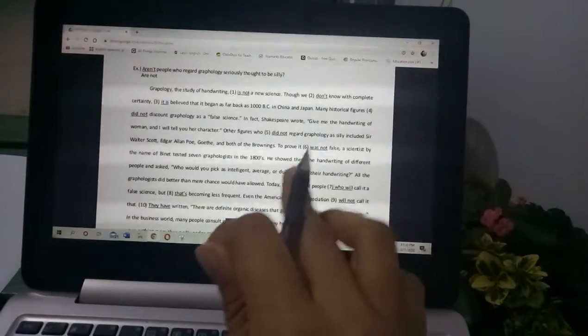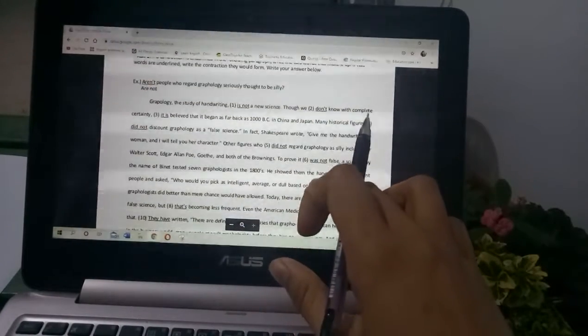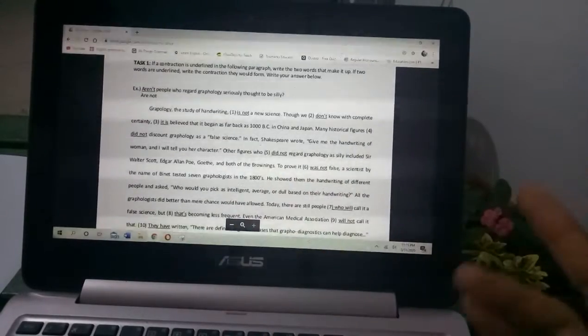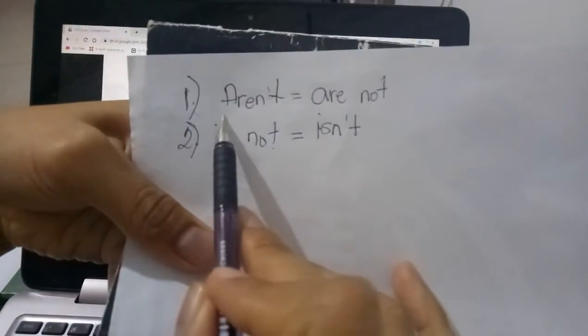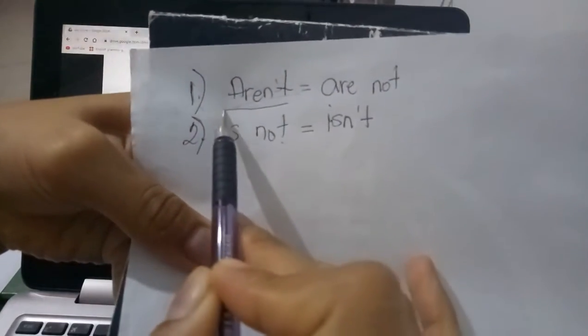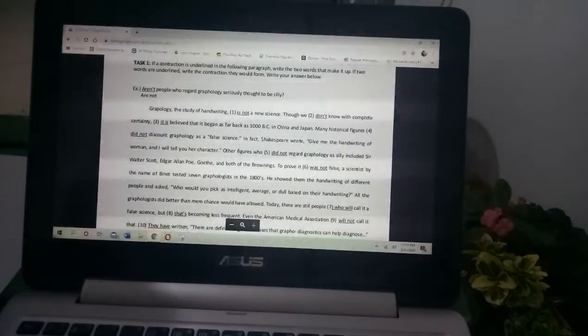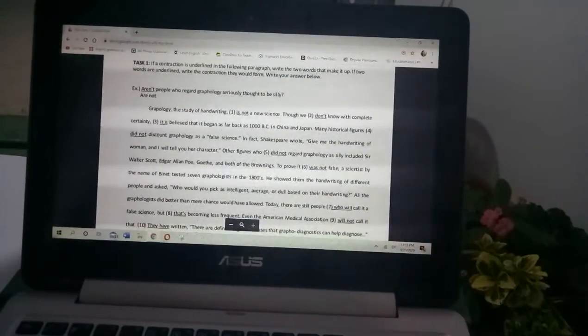Again, the instruction for activity 1 is, if a contraction is underlined in the paragraph, write the two words that make it up. The next is, if two words are underlined, write the contraction that they will form.